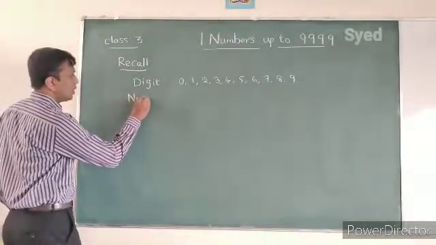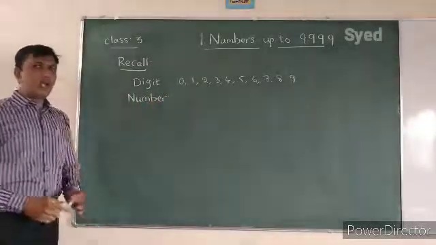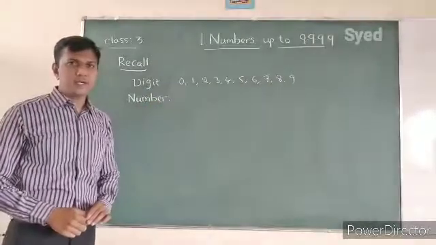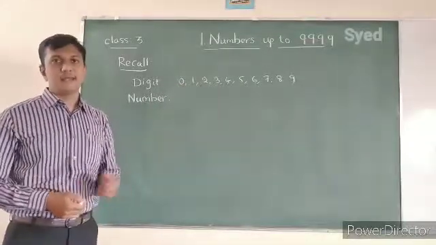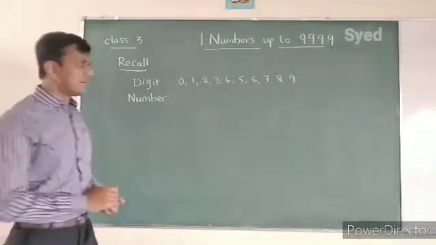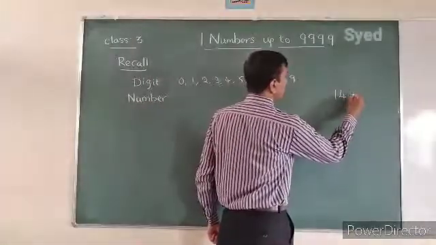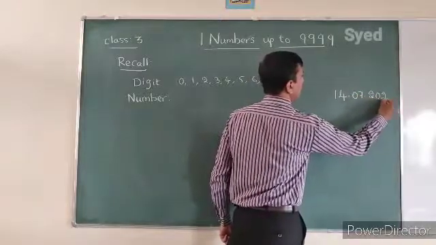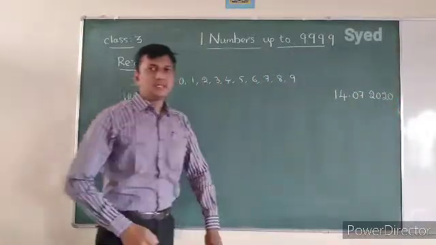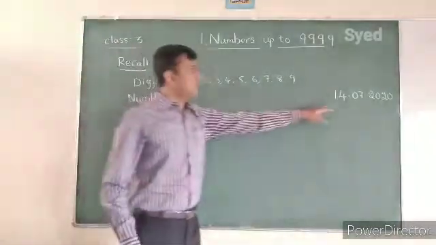Any number, if you take, is a combination of some digits. For example, consider today's date. Today's date is 14/07/2020. What is 14 here?